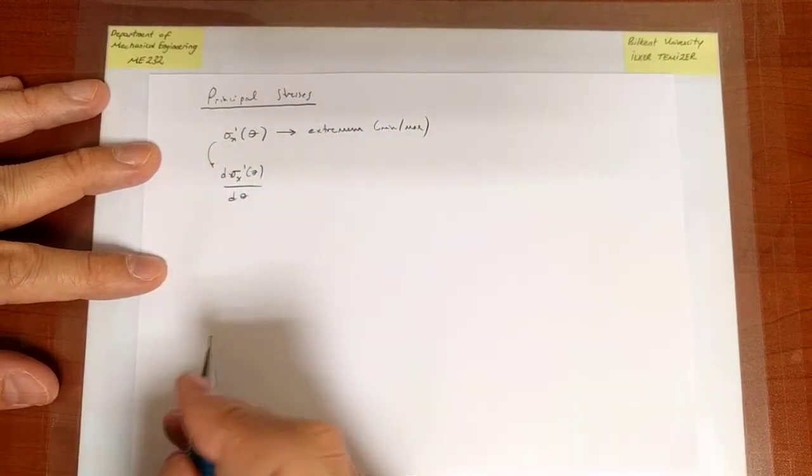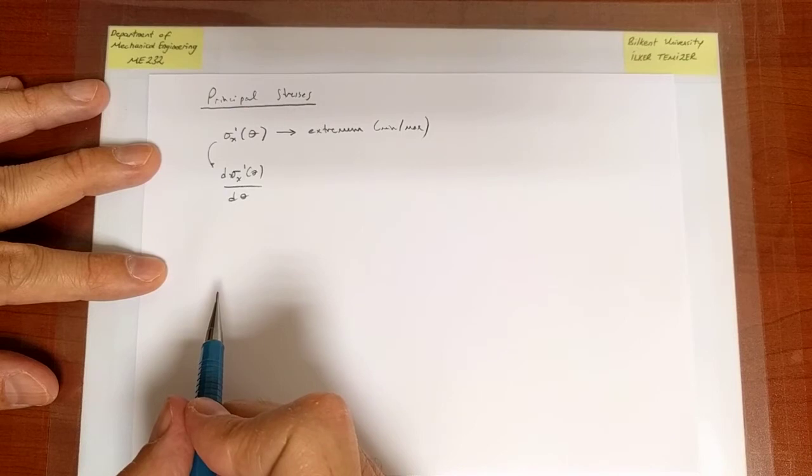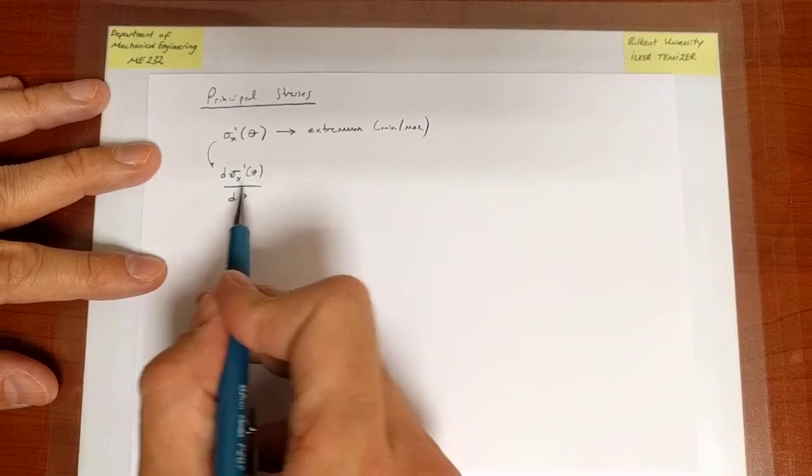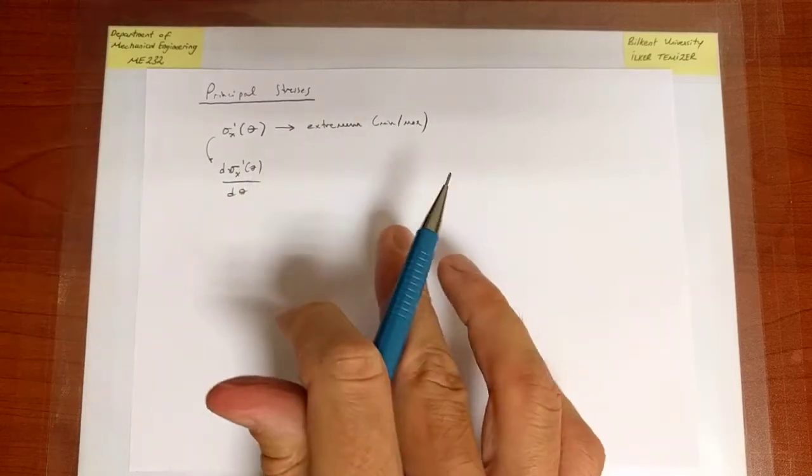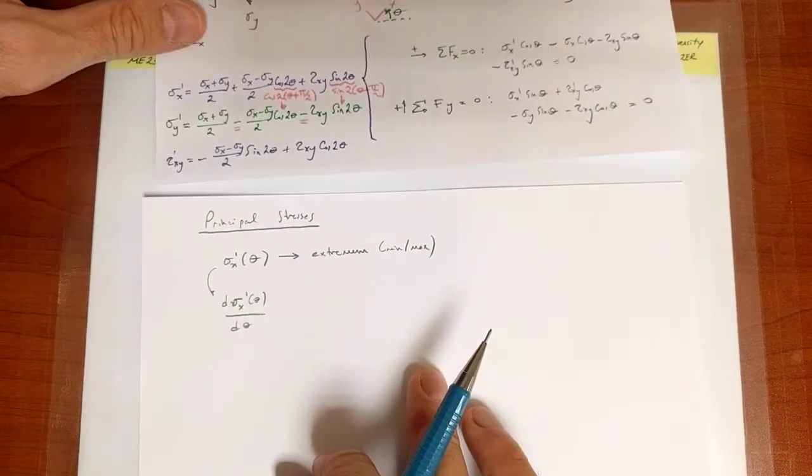And when I take its derivative with respect to theta, it is not necessarily going to be equal to 0. It's going to be some function. Let's go ahead and take the derivative of that function.